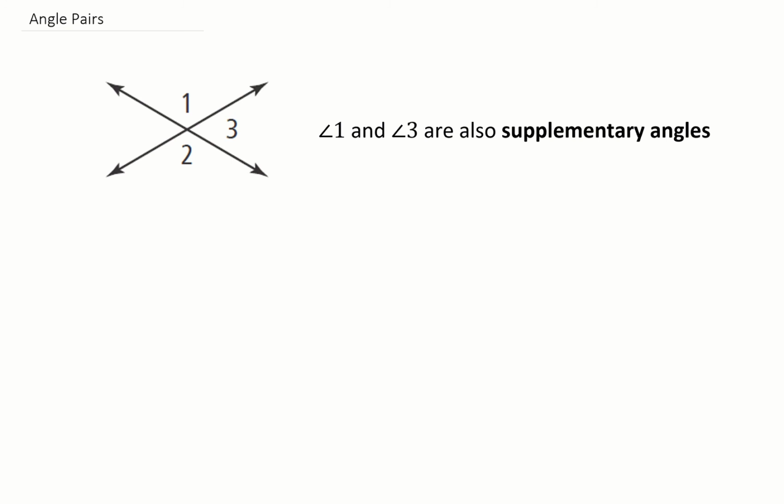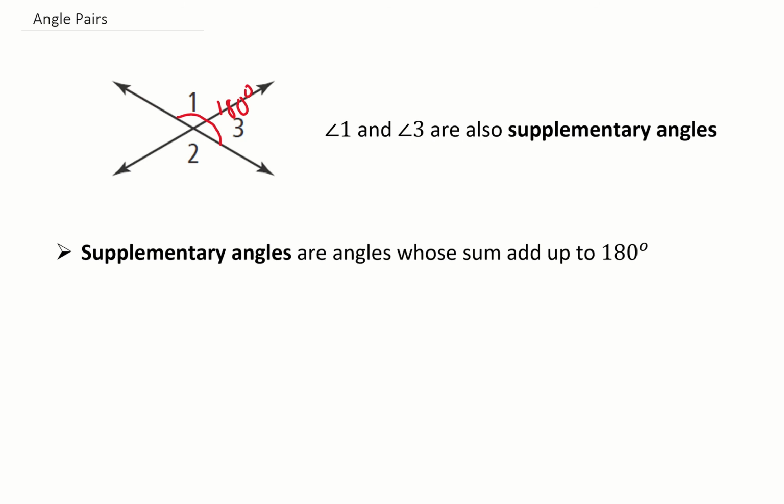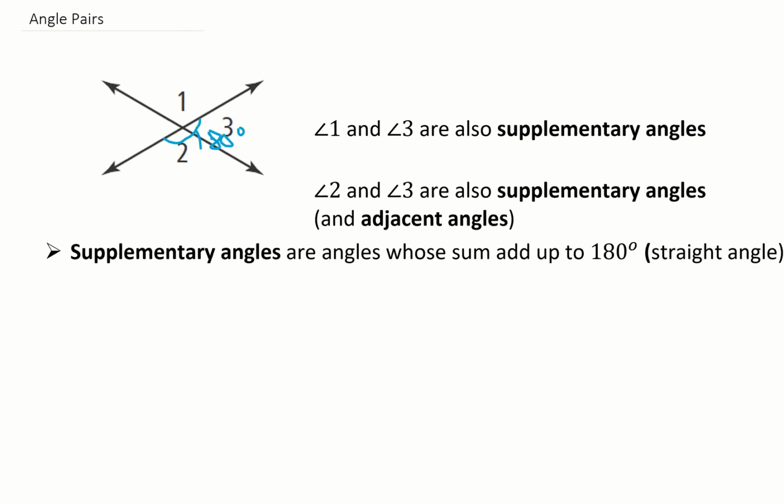So angle 1 and 3 are also what we call supplementary angles. You may or may not remember what that is, but supplementary angles add up to 180 degrees. So in this case, 1 and 3 are adjacent angles, but they're also supplementary angles. They add up to 180 degrees.